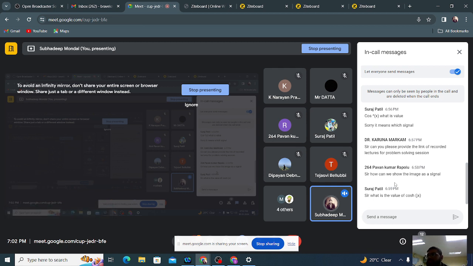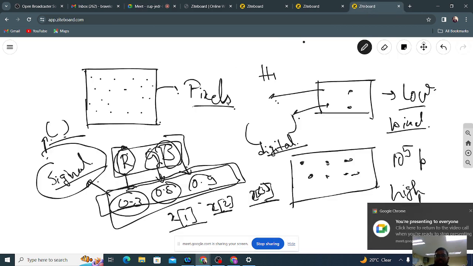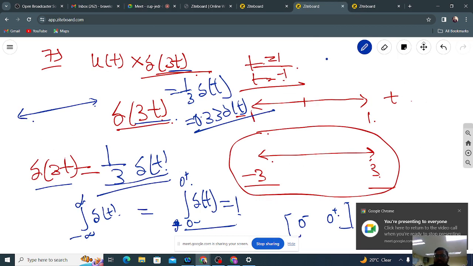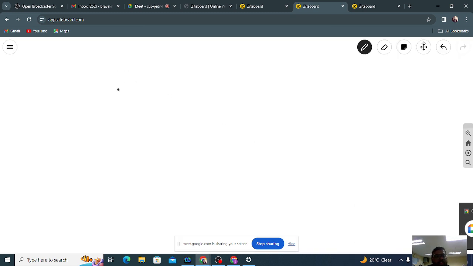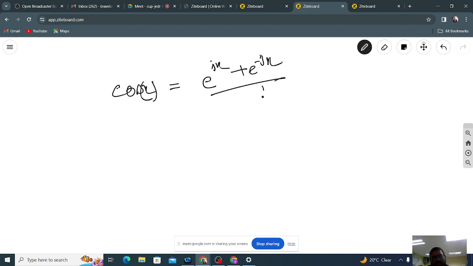Okay, cos of jx I have already derived it, right? It is actually cos h of x. That's the reason I was telling you. See, if you take cos of x, it is actually e to the power jx plus e to the power minus jx by 2.